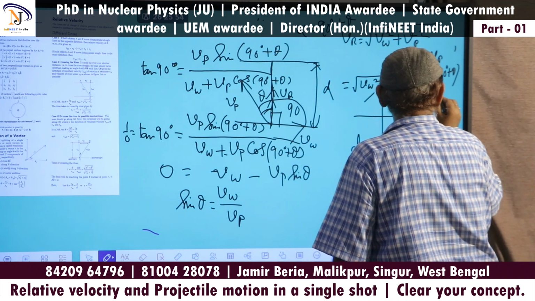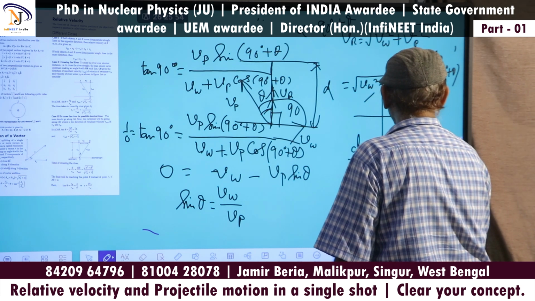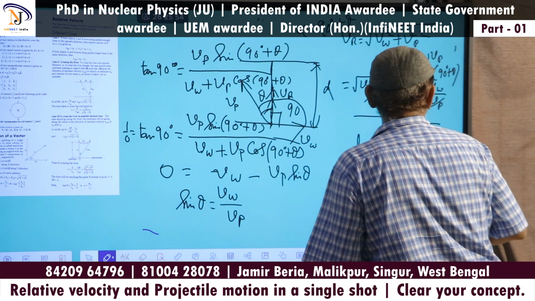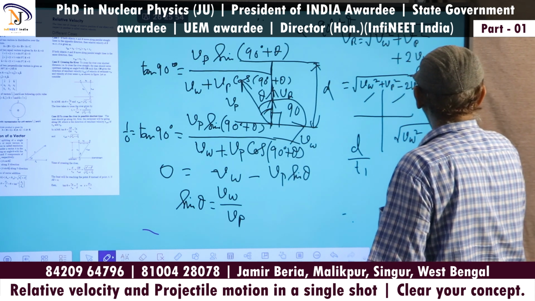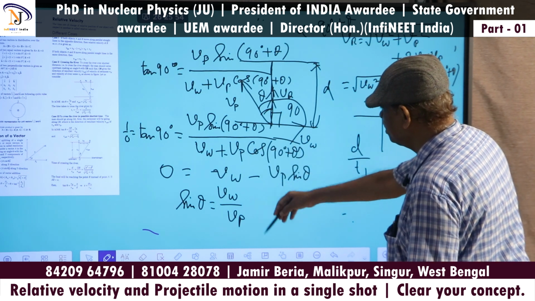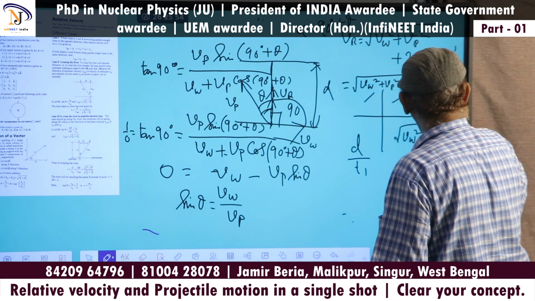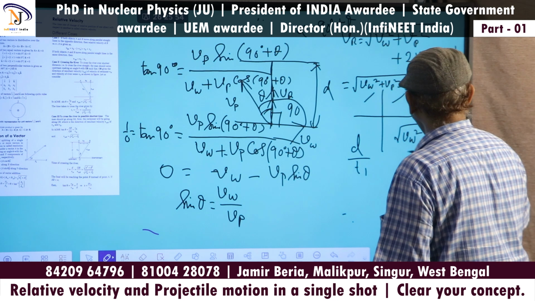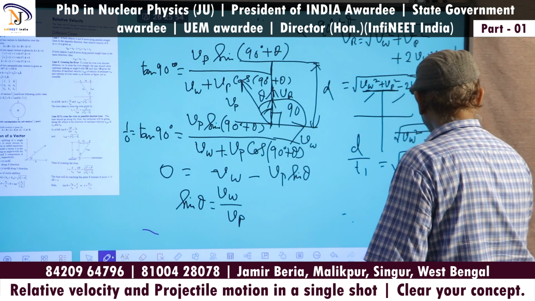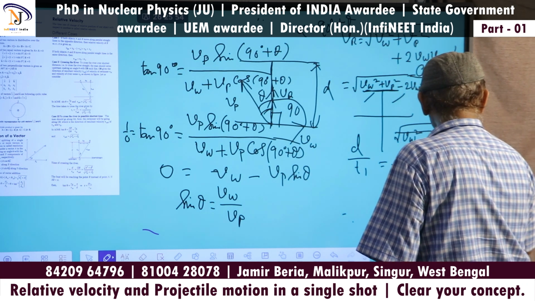Sin theta means Vw by Vp. So this is Vw square plus Vp square minus twice Vw square.